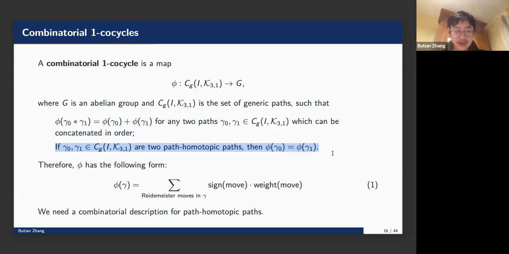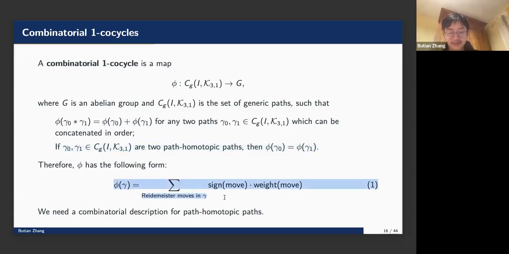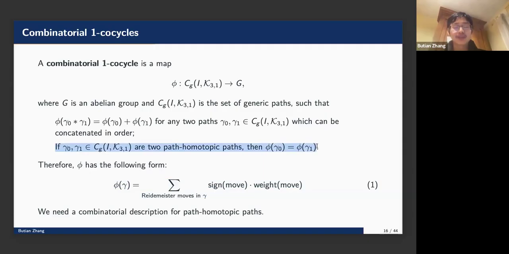From the first condition, the map must have the following form: the sum of the sign of some Reidemeister move times some weight function. So if we want to construct a combinatorial one cocycle, we need a combinatorial description of the second condition, the path homotopic condition.